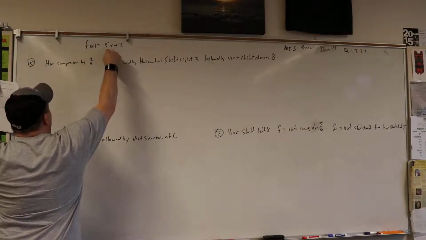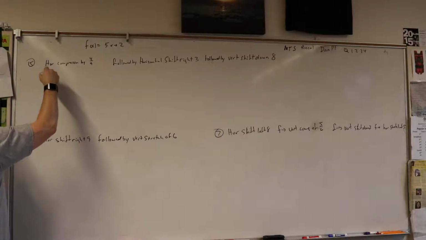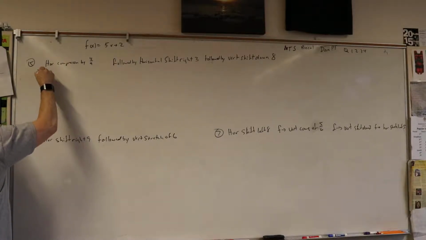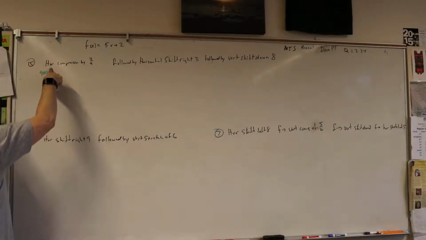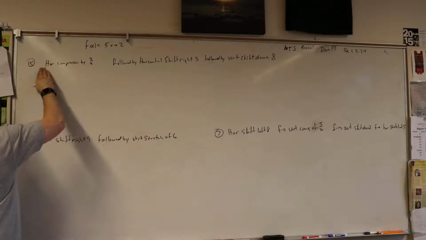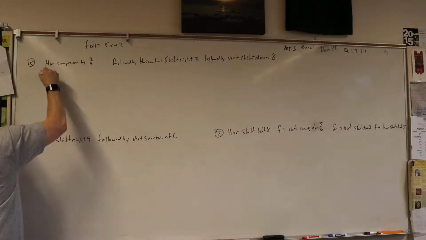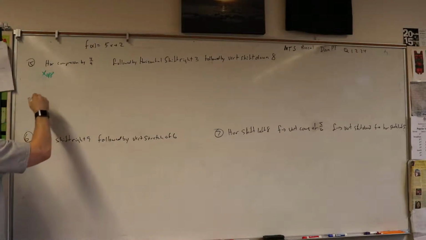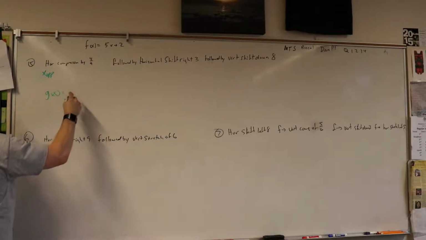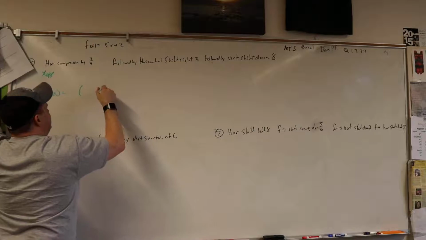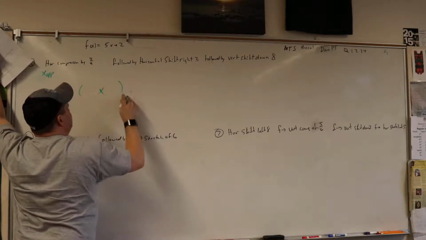This is what we're starting with. So then we got g of x, right? Horizontal means x opposite, right? So g of x is equal to space, parentheses, space, x, space, parentheses.